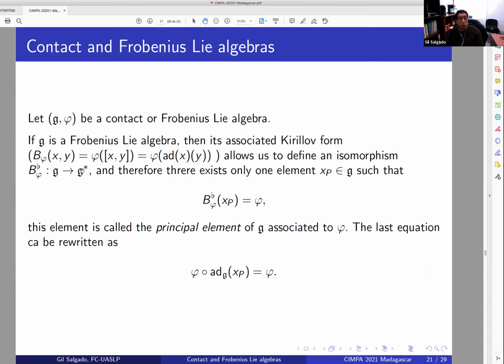So here in the dual, we have a special element, bar phi, and this is an isomorphism. Then there exists only one element, x sub p, call it the principal element, in such a way that its image by this isomorphism is exactly the one form. This equation, using these two equalities, can be rewritten as this equation. So this derivation followed by the one form is exactly the one form.